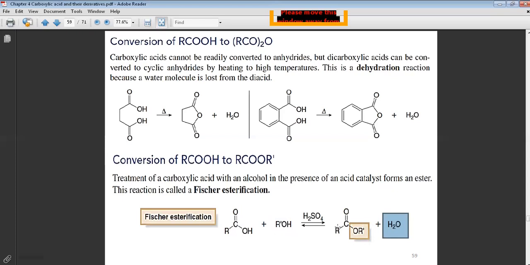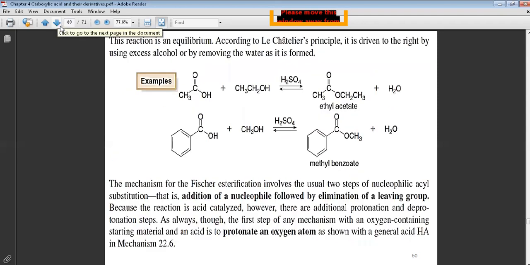Okay, depending on the Le Chatelier principle. We'll take the Le Chatelier principle here. The reaction is an equilibrium. What does equilibrium mean? It means it will be possible to come back again. The ester may come back again to the carboxylic acid and alcohol by hydrolysis with the H2O, because we have H2O here.